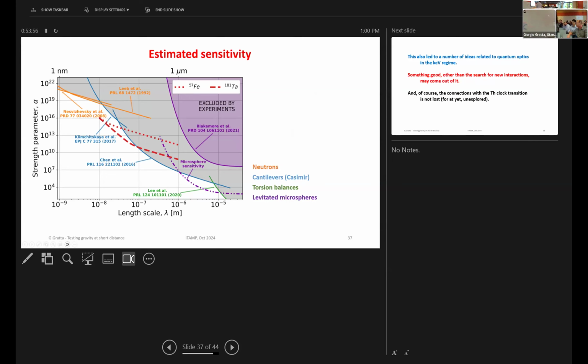And so the sweet spot for this measurement, you can see, is in this 100 nanometer to 10 nanometer range. At larger distances, other techniques work better, including microspheres. Smaller distances you can't reach, and actually neutron scattering is probably the only way to go at it, or atomic effects. But then, of course, like yesterday somebody was talking about it.